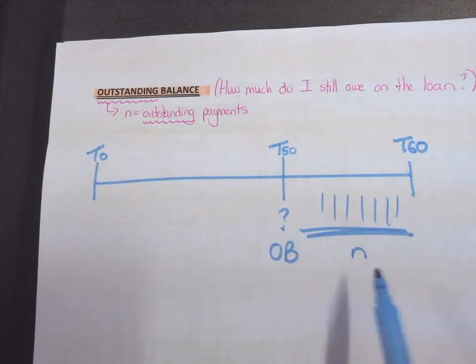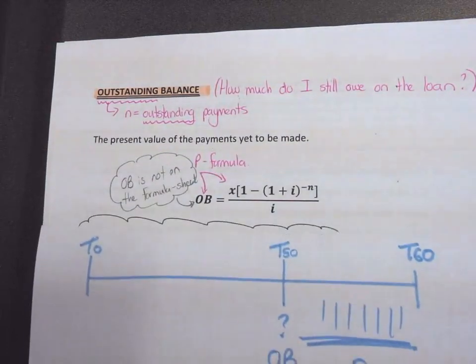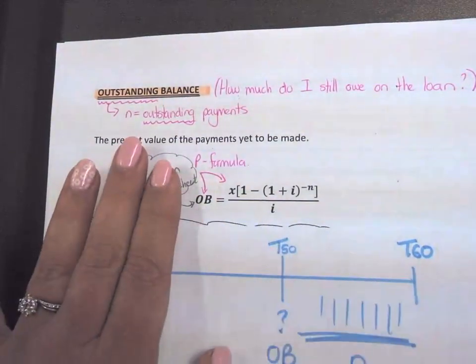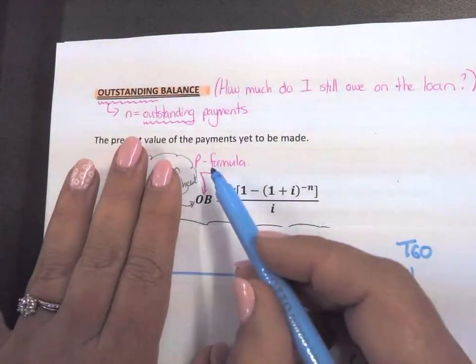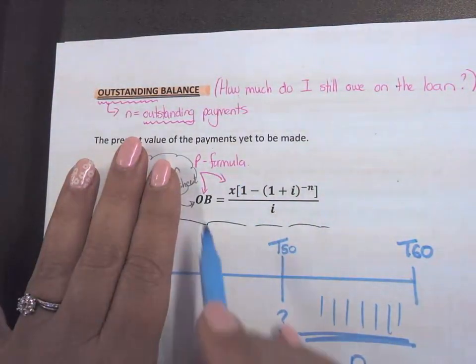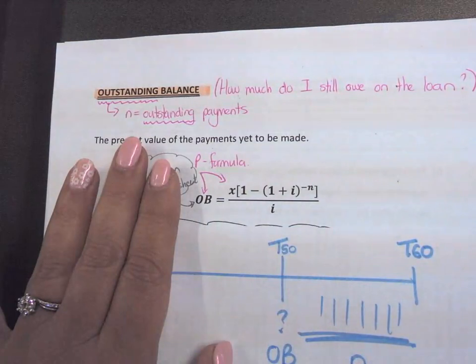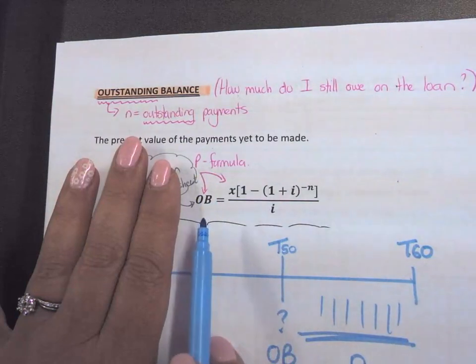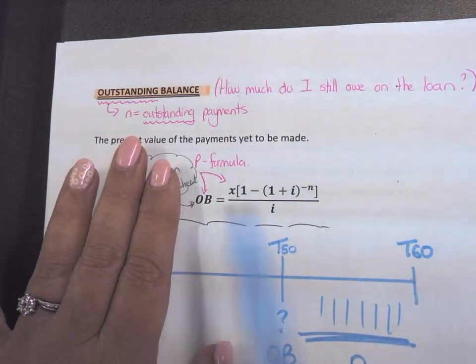We use the P formula, but you can write it as outstanding balance as well. The P formula appears on the formula sheet, but not OB, not outstanding balance. So just remember that the P formula is the same as the outstanding balance formula.